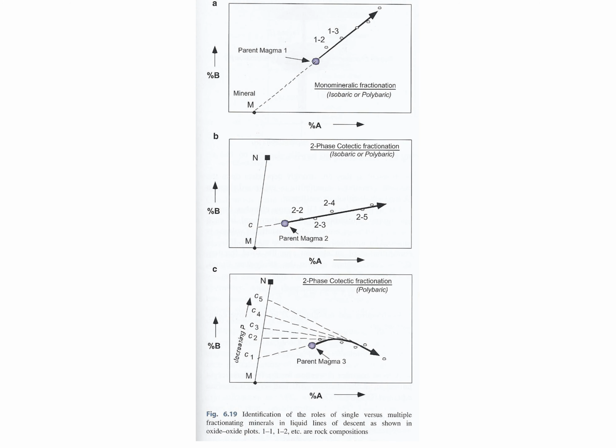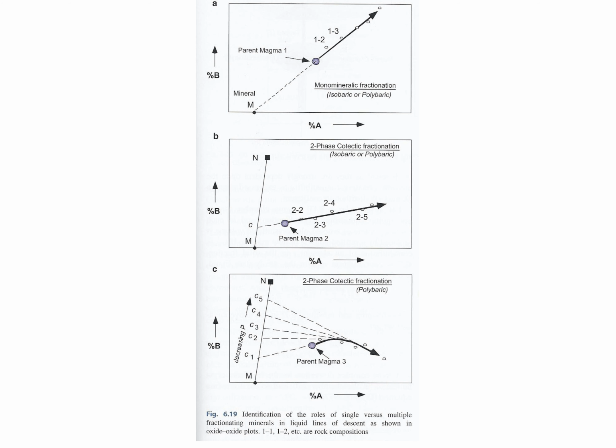Here we have some other fractionation trends: percent A versus percent B. A deals with a monomineralic fraction, so we have only one mineral inside. Here we have mineral M and a parental magma 1.